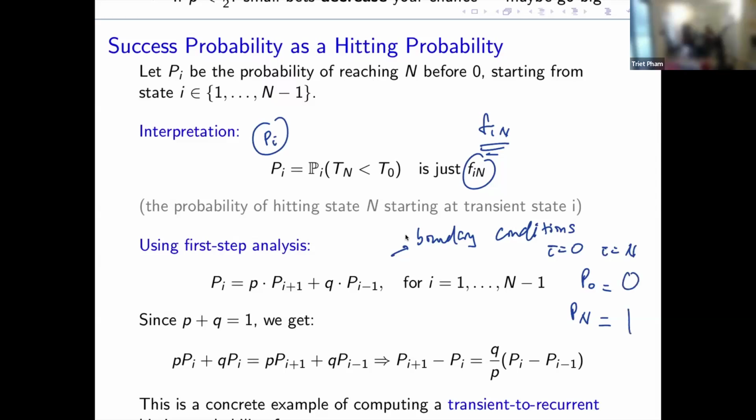P sub 0 is 0, because if you go broke, you cannot bet again. You can never go to N. And P sub N is 1. You're already there. Is that okay?